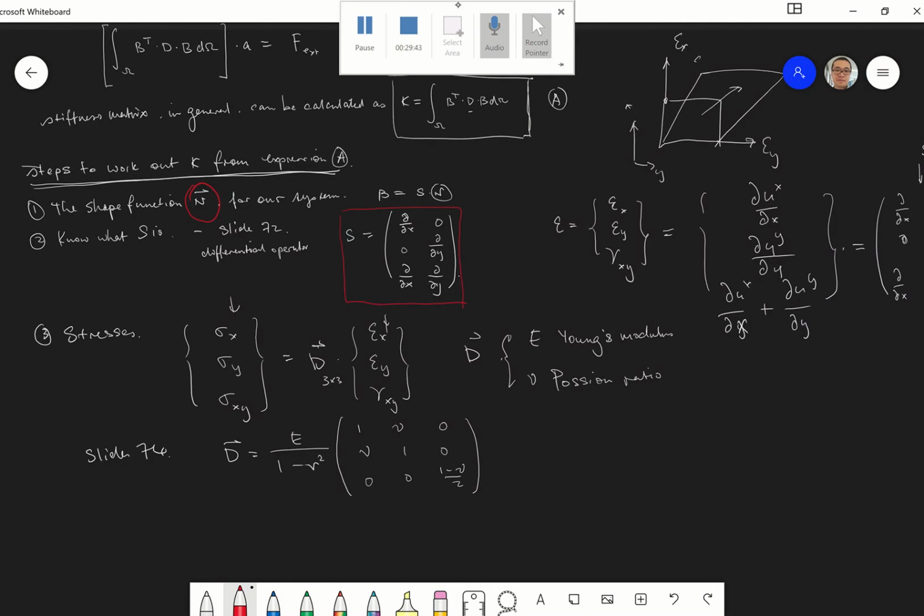And finally is this D matrix. With all these three things, we can work out the stiffness matrix that's derived from the principle of virtual work. We'll show that for some real example in the next video.